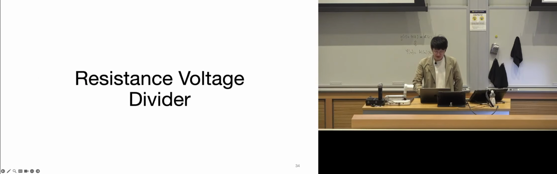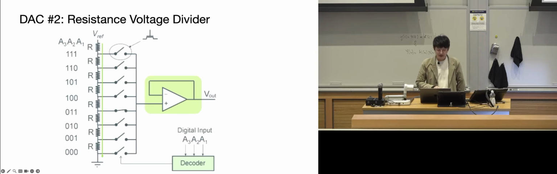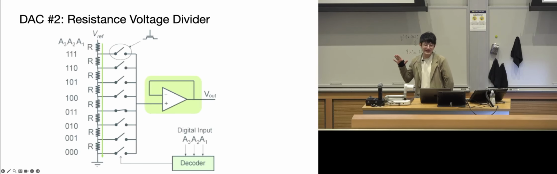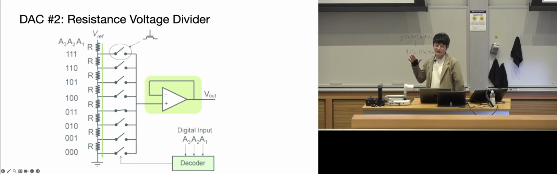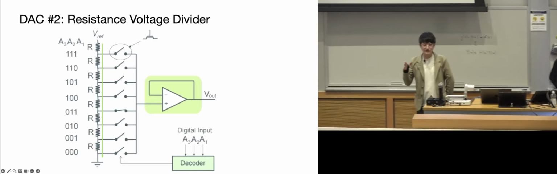Okay, so the second one will be the resistance voltage divider, or I guess it will be a couple that uses a similar idea. But this is essentially one of the simple versions of this, or one variation of this. Remember the flash ADCs we introduced before?